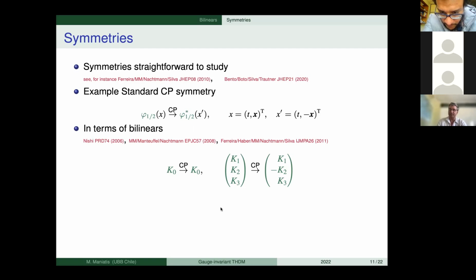And one can see that in bilinears, it's just flipping the sign of K2. Everything is real. It's just flipping the sign of K2. So you can easily see whether a Two-Higgs doublet model is CP violating or not, just by this simple transformation. This is much more complicated in the case where you deal with doublets.